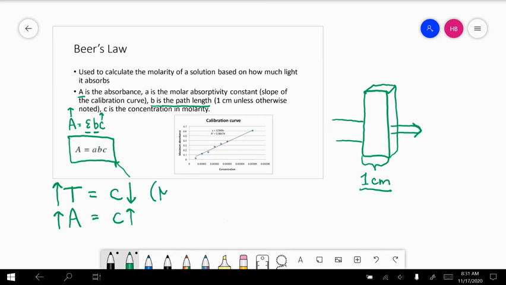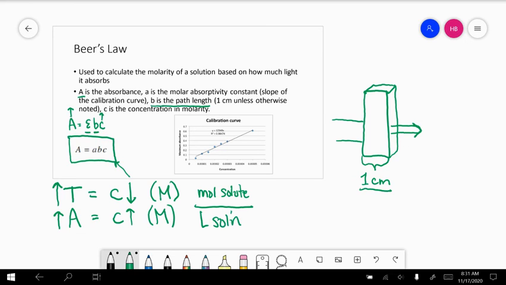Molarity, if you remember, is moles of solute over liters of solution.